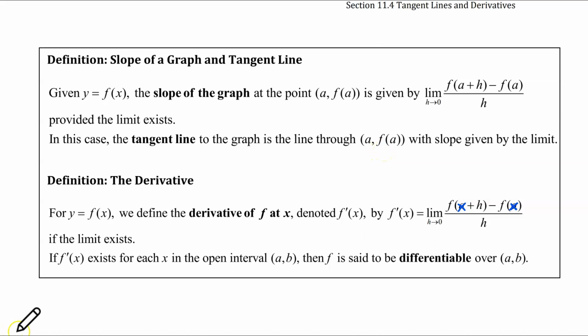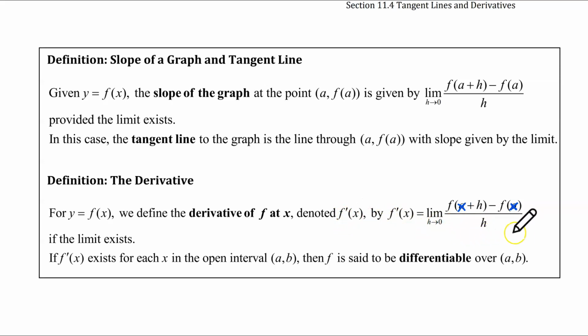Now, in general, we define the derivative of the function at any x. So for a given function f(x), the derivative of the function at x is denoted by this symbol here, which can be read as f prime of x. And this is given by this formula here.